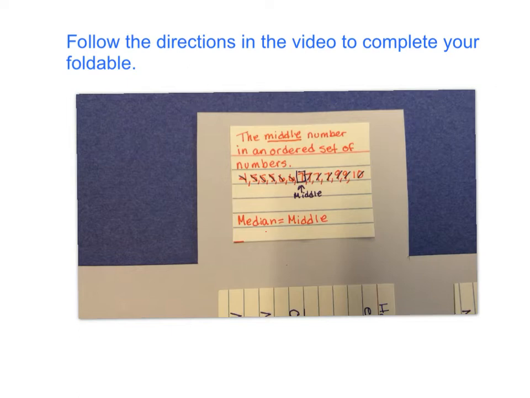Remember that sometimes you get to the point where you have 2 middle numbers, and then you need to find the mean or the average of those 2 middle numbers to find out what's right between those. So remember that the median equals the middle. Be sure you copy all of that down and then glue that to its flap.